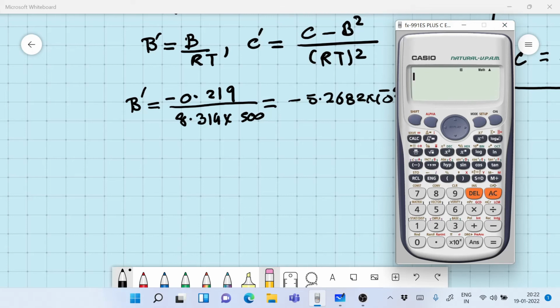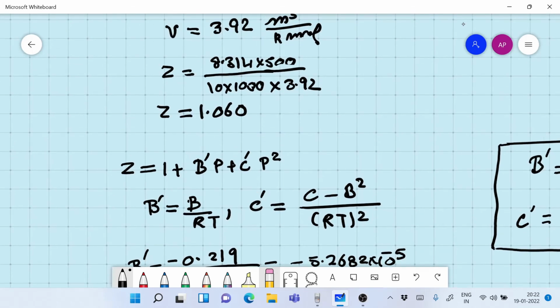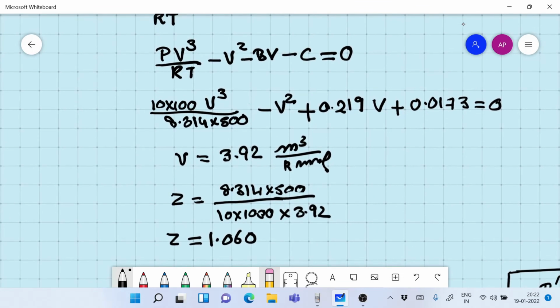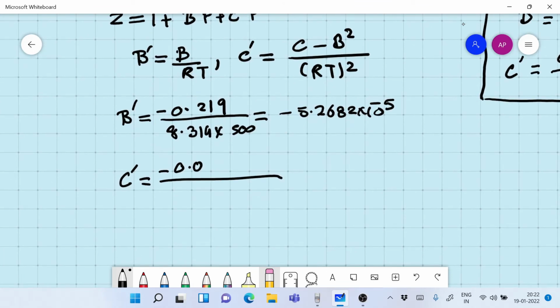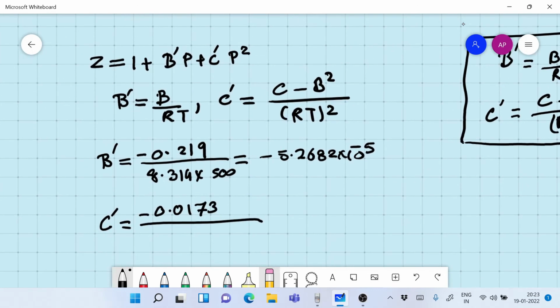And now we should calculate the value of C dash. So C dash is going to be nothing but C, which is given as minus 0.0173. So let's check it once again. Yes.